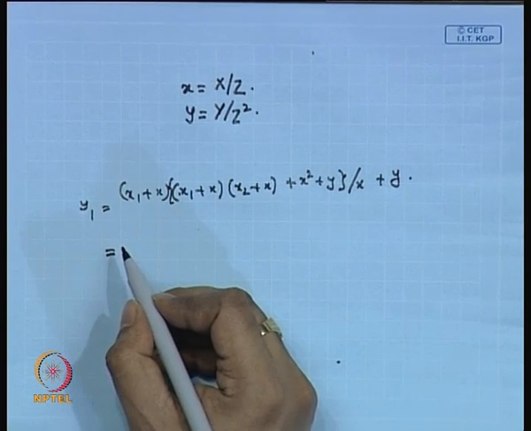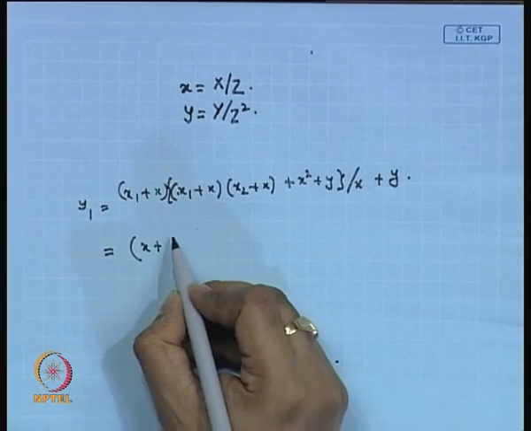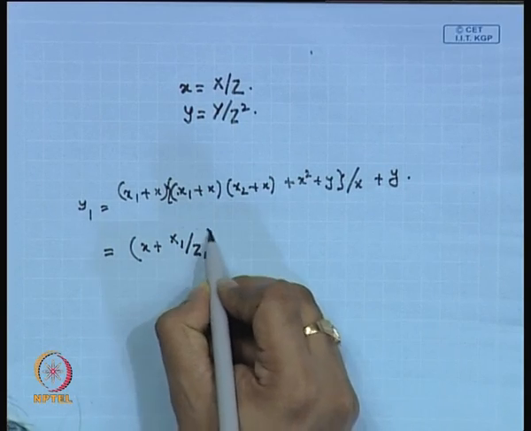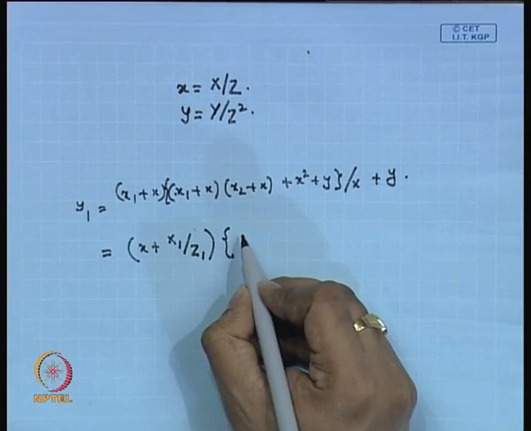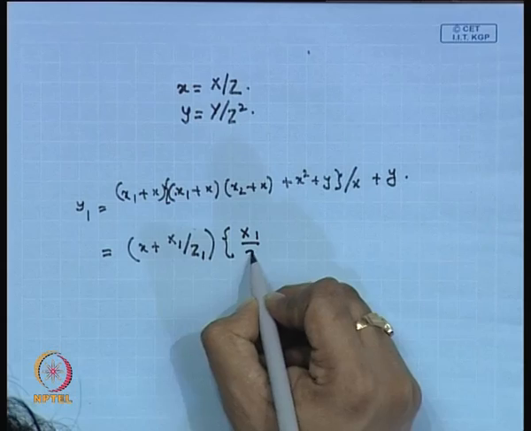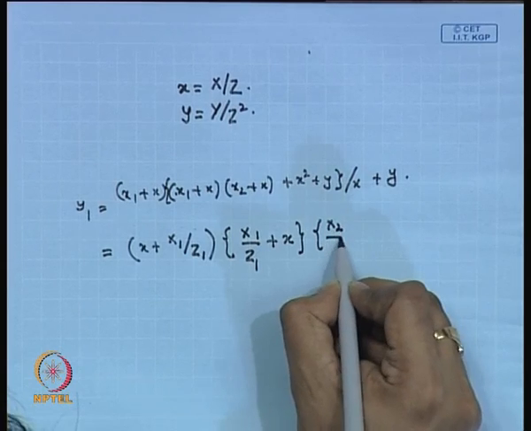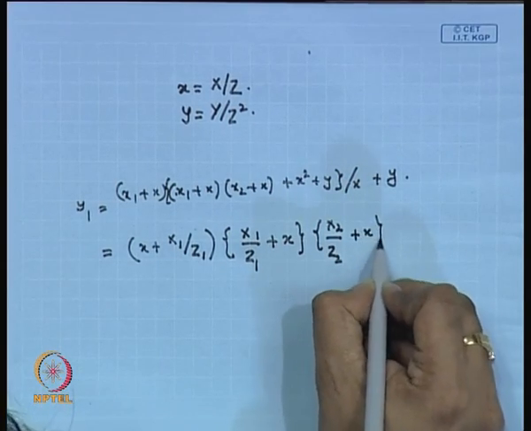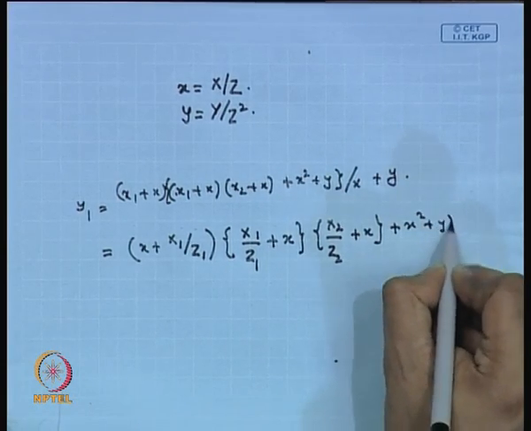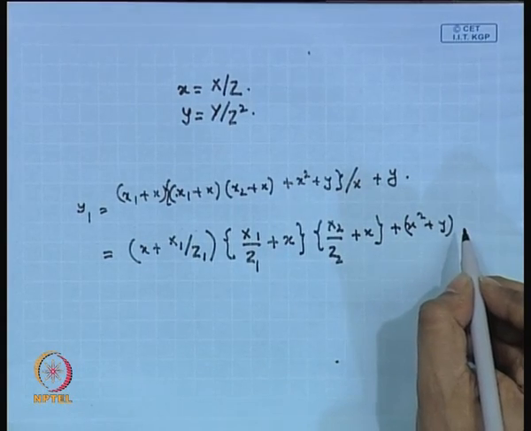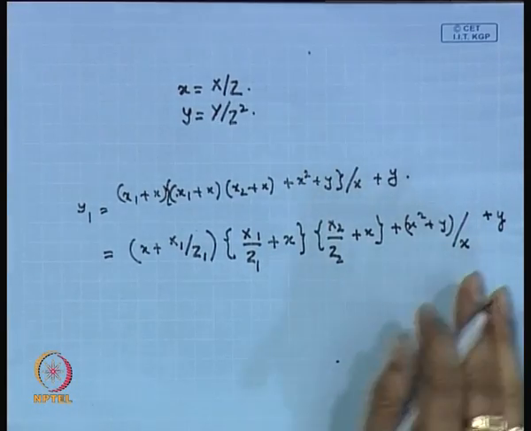If you want to do this conversion, you will write this x1 point as x1 by z1, and your x1 plus x again you will write as x1 by z1 plus x, x2 you will write as x2 by z2 plus x, right, plus x square plus y, and that is divided by x, and again the point y is added, right.